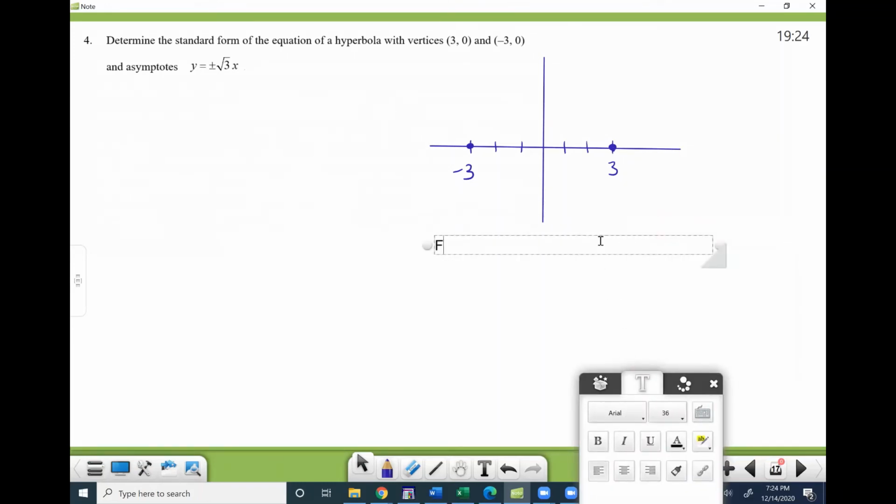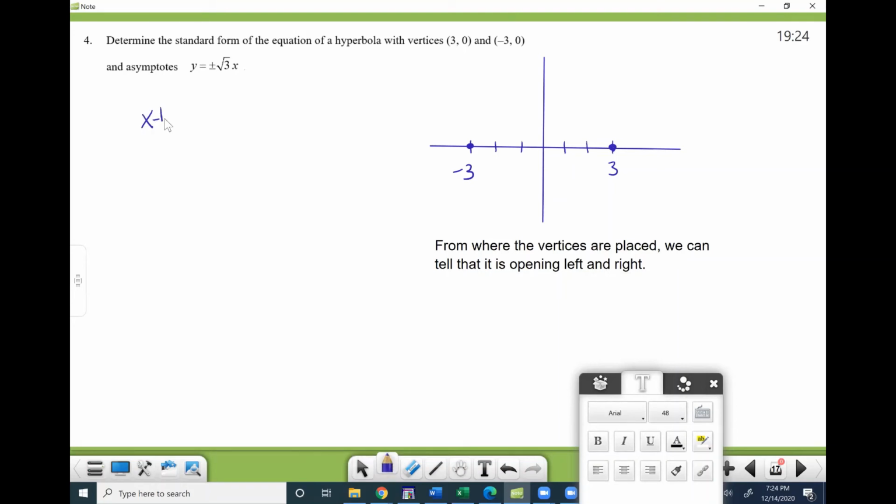So from where the vertices are placed, we can tell that it is opening left and right horizontally. Okay, and that's important. That's enough to tell us X is first. So that tells me a lot. It tells me which formula I'm going to write down.